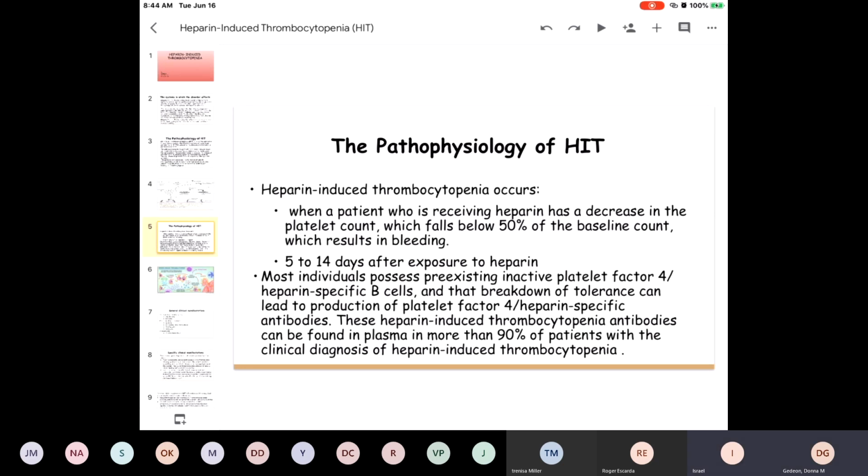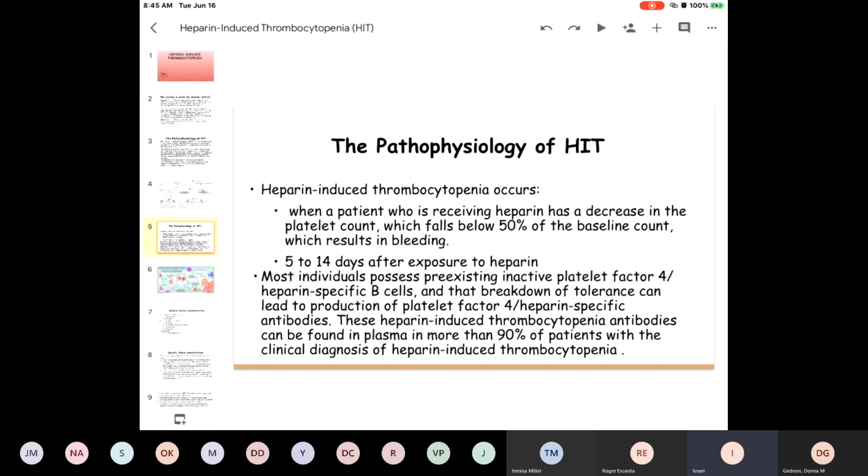So for the pathophysiology of heparin-induced thrombocytopenia, it occurs when patients who are receiving heparin have a decrease in the platelet count, which falls below 50% of the baseline count, which results in bleeding. This happens about 5 to 14 days after exposure to the heparin.